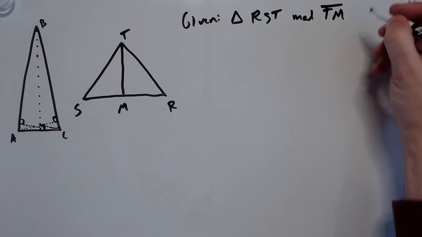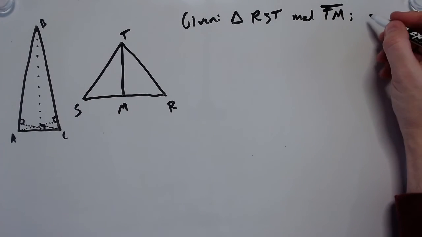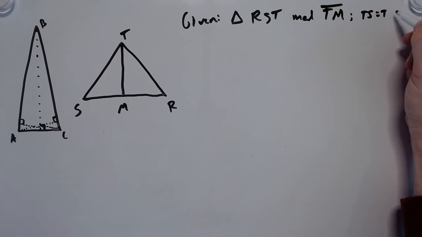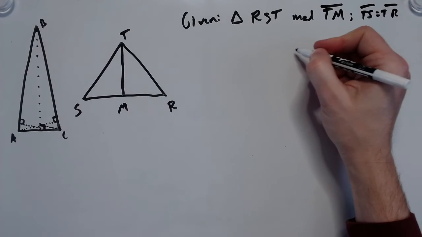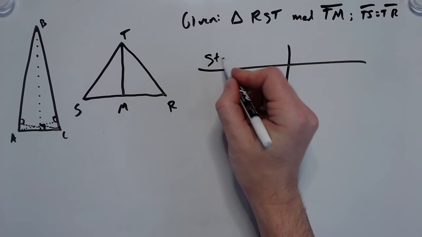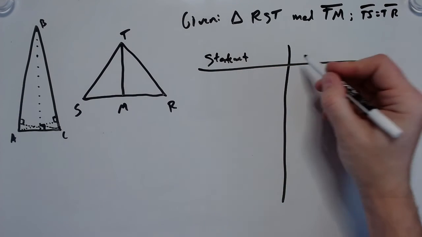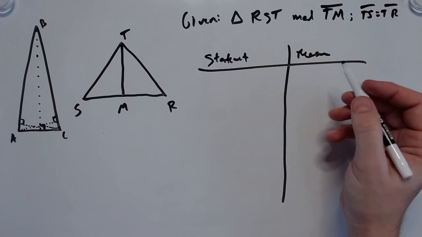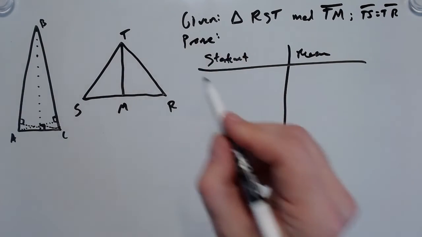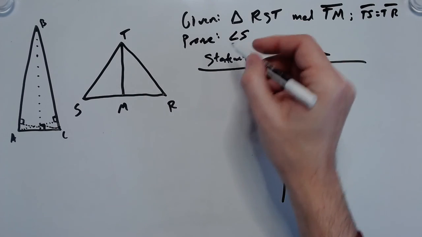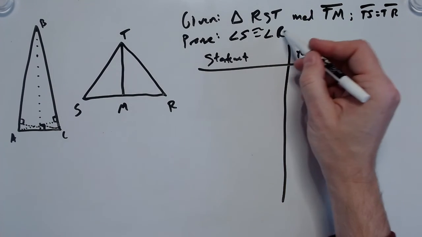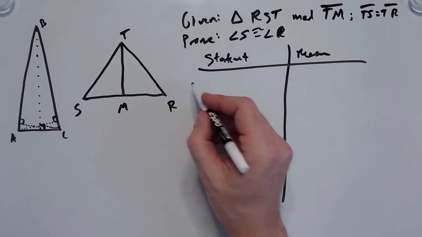We'll keep that in mind. We also know that TS is congruent to TR. Alright, so we get our nice little table going here, with our statement and our reason. What we need to prove is that angle S over here is congruent to angle R.